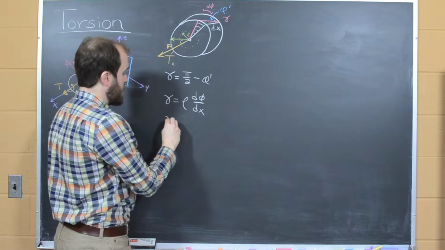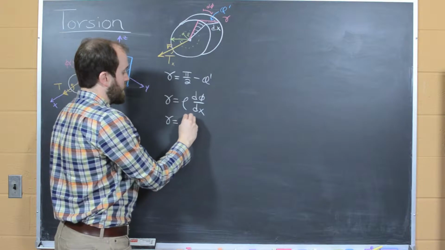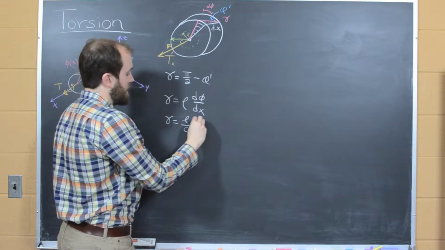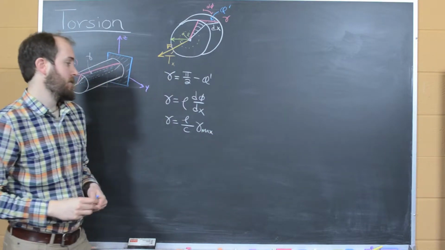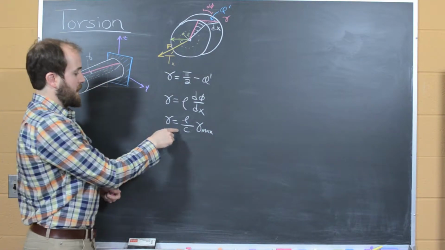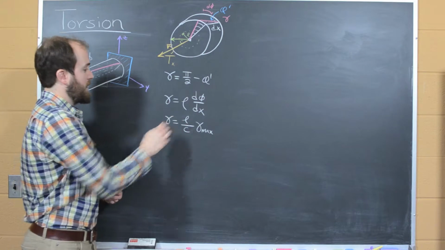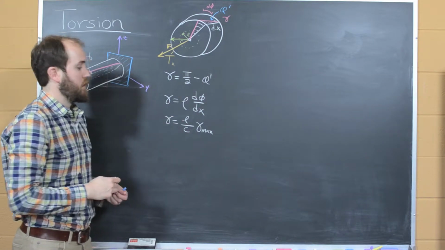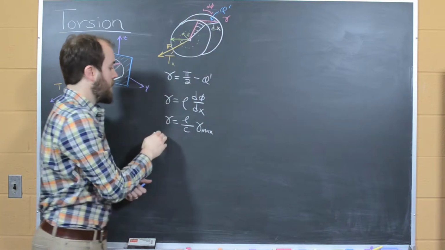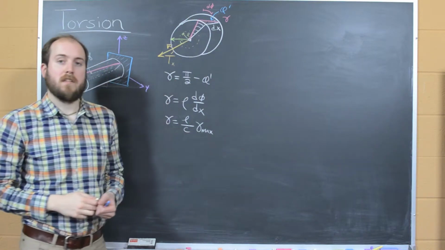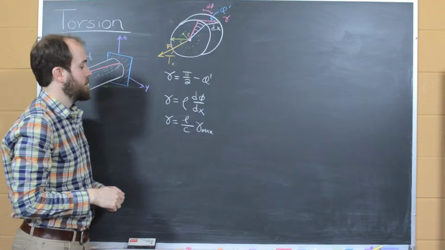Or you could write this a different way, that the shear strain is equal to rho over c times gamma max. So in this case here it says exactly what we just said. When rho is equal to 0, our shear strain is equal to 0. And when rho is equal to c, which means you're at the outer edge, our shear strain is at a maximum. It's equal to the maximum shear strain.